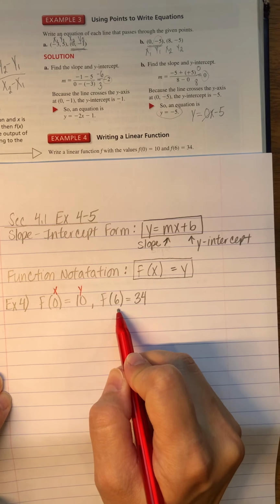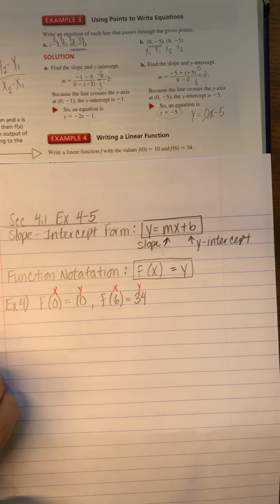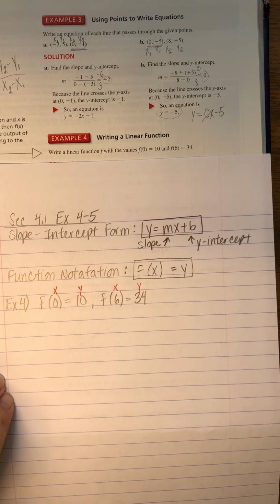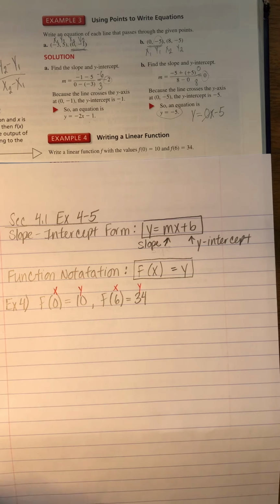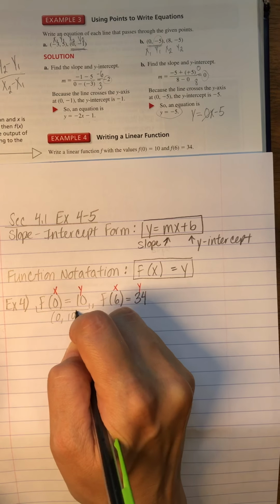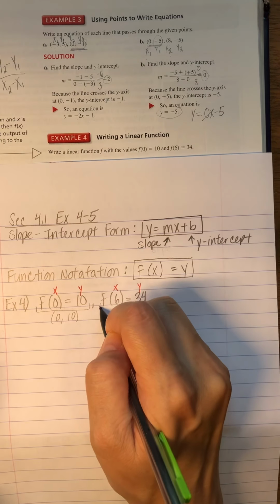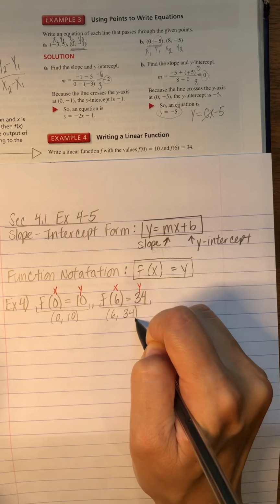In the second function notation, the x would be 6 and the y would be 34. So they're really giving us two ordered pairs. The ordered pair for this first function notation here would really be the point 0, 10. And this second function notation would really be the point 6, 34.